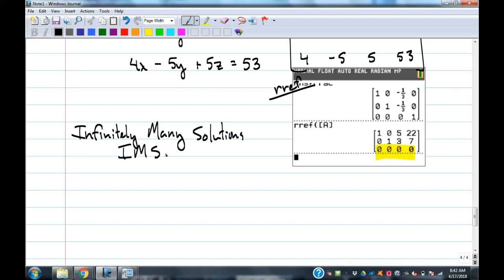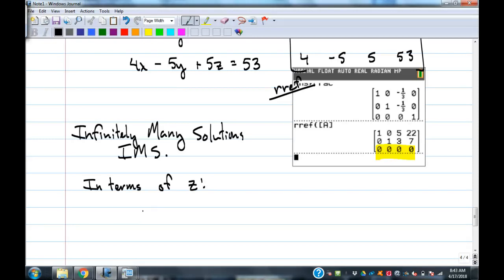Now, let's get the answers. Let's do in terms of Z. That's usually the simplest way of getting the answers written, because that gives you the equations that we get here.